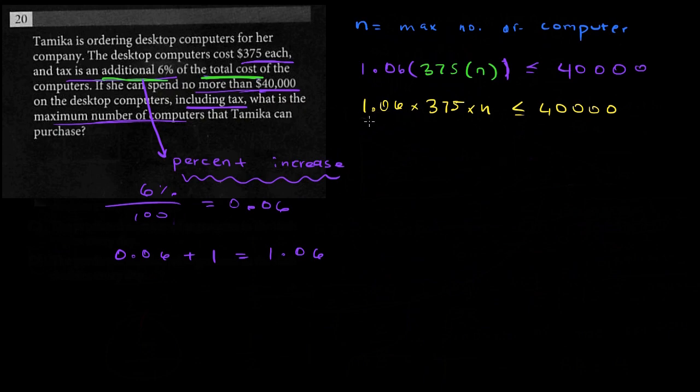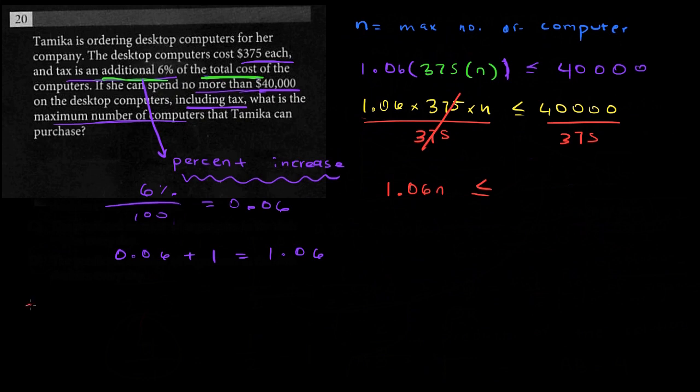If I divide everything by 1.06, it's not suitable to divide 40,000 by 1.06, and it becomes quite a strenuous task. Rather, I'm going to divide everything by 375, and it'll make sense in a bit. And so on the left-hand side, I have 1.06n is less than or equal to 40,000 divided by 375.